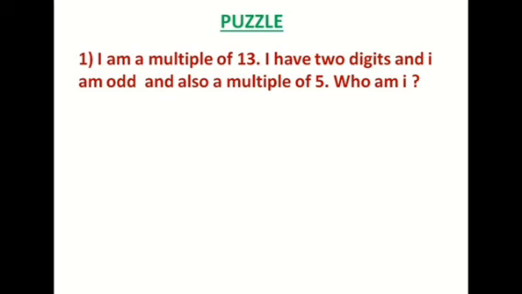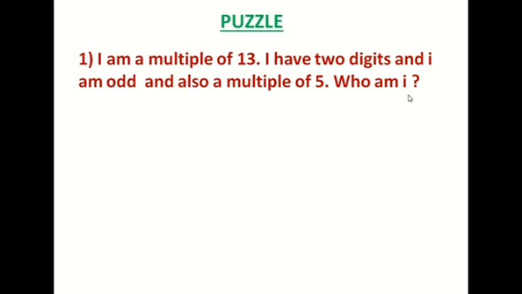So there are a few clues. First clue, it's a multiple of 13. I have 2 digits, so the number has 2 digits. I am odd, so it's an odd number, and also a multiple of 5. Who am I?